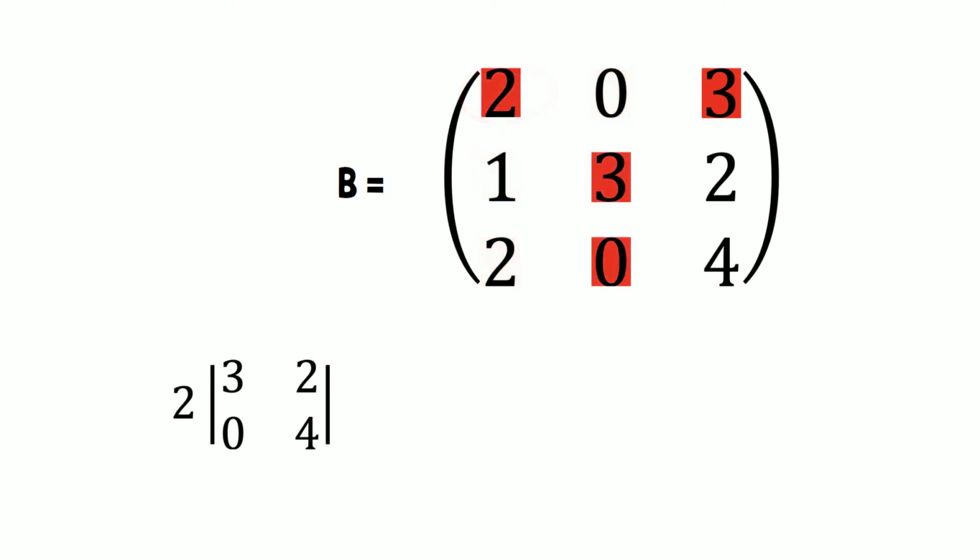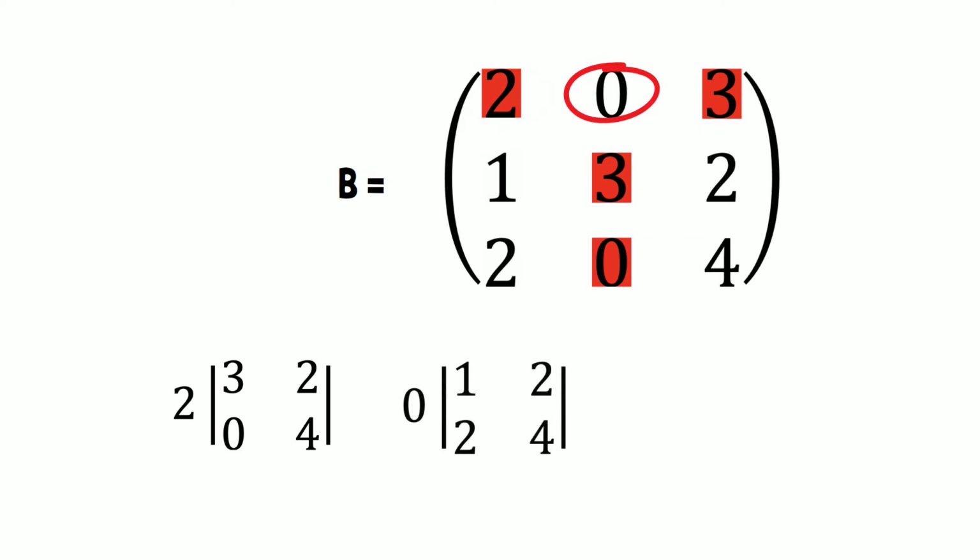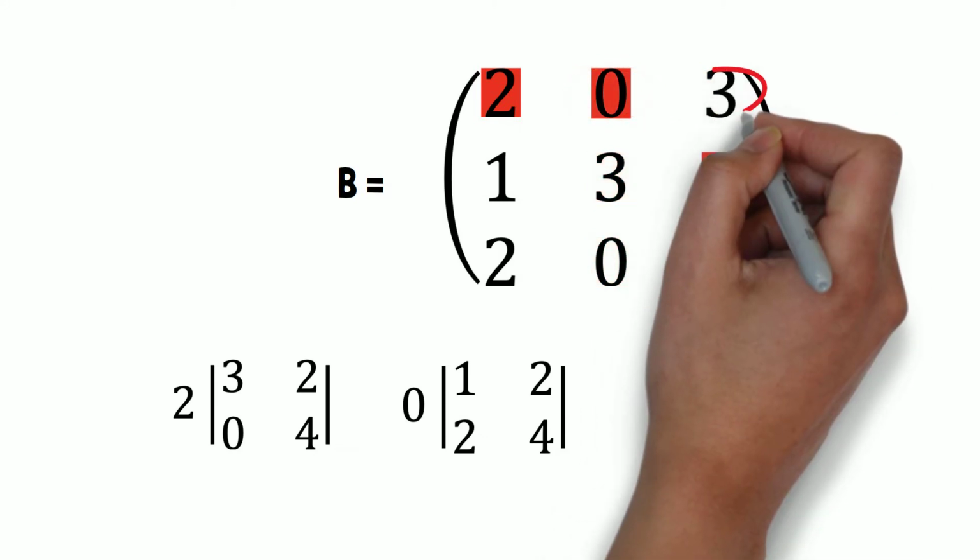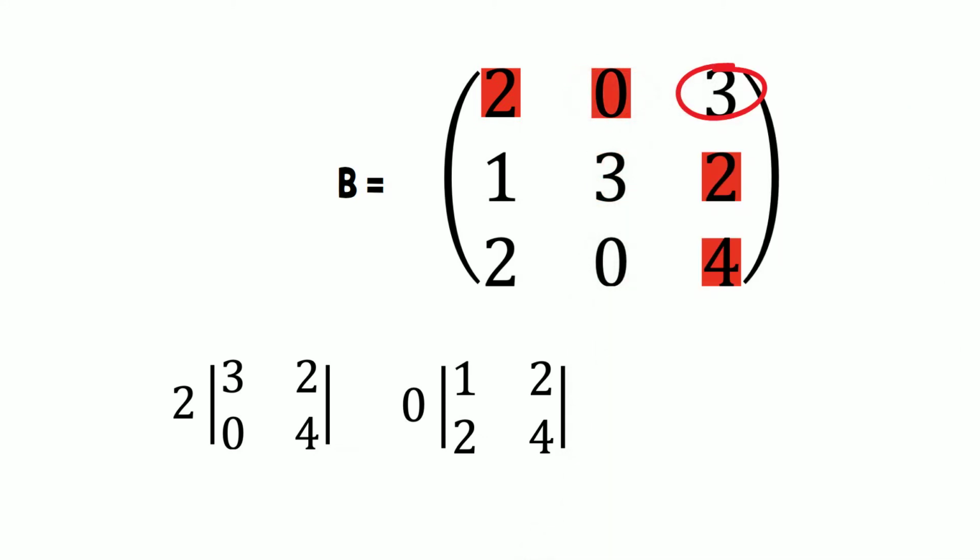After that we multiply 0 by the determinant of order 2 that we find by removing the first row and the second column of matrix B. So, 0 times the determinant of 1, 2, 2 and 4. Lastly, we multiply 3 by the determinant of order 2 that we find by removing the first row and the third column of matrix B. So 3 times the determinant of 1, 3, 2 and 0.